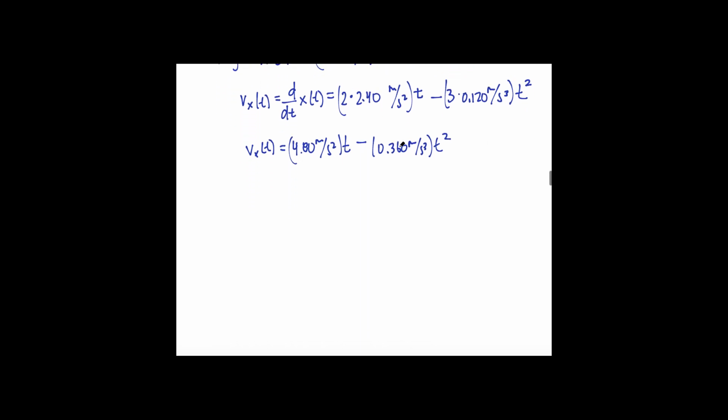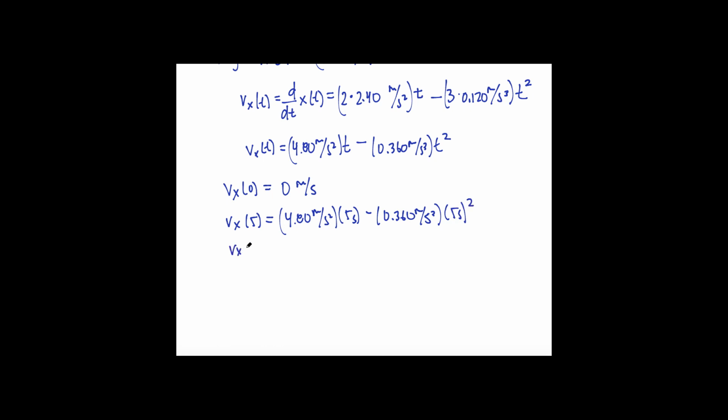So I'm simply finding the instantaneous velocity at 3 times. So firstly, I'll do Vx of 0. I can see that if I plug in a 0 for both of these t's, I will have absolutely 0 velocity in the x direction. At 5 seconds, however, I need to do some substitution. So I have 4.80 meters per second squared multiplied by 5 seconds minus 0.360 meters per second cubed multiplied by 5 seconds squared.